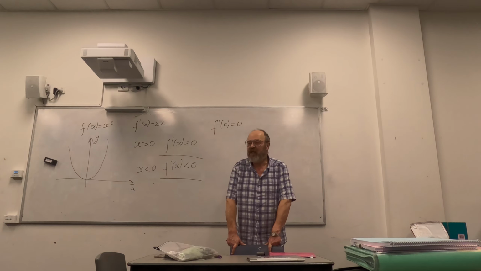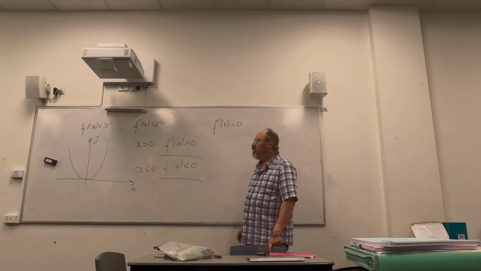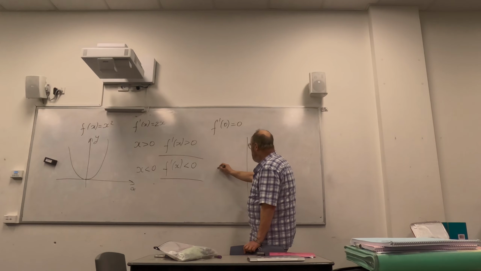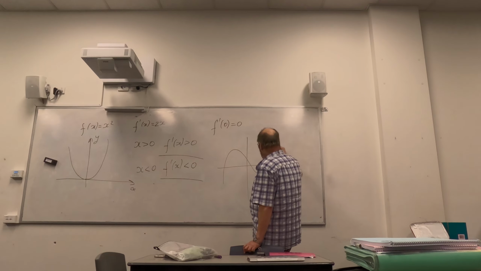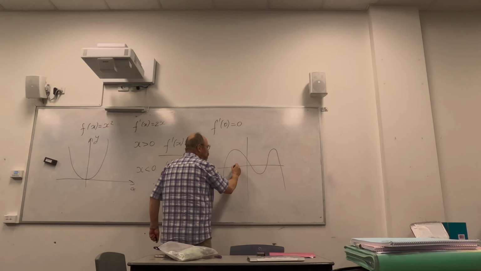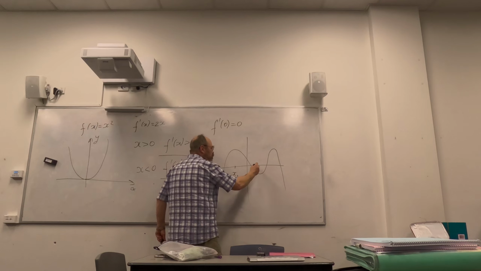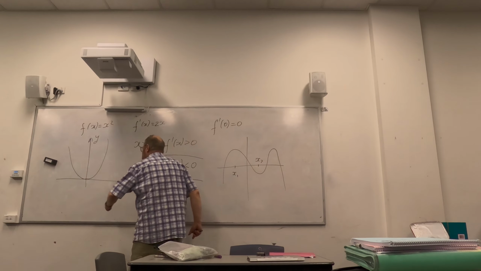Now, if I sketch the graph of some random function, and we have these points, let's say a, b, and c.